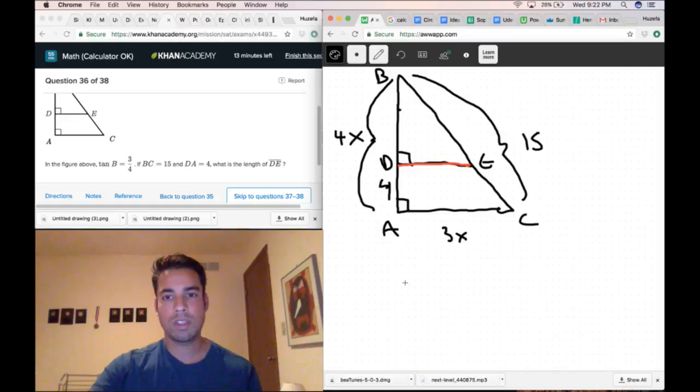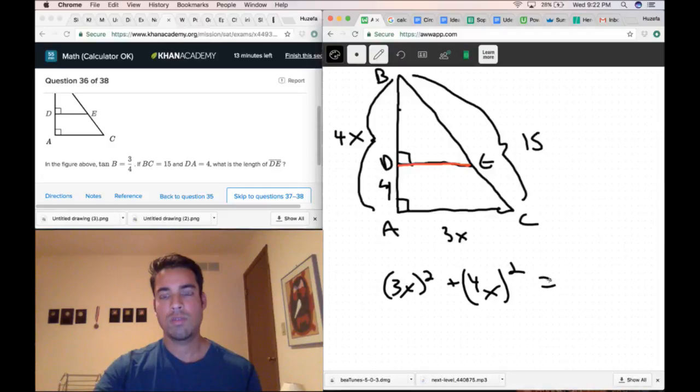This is a little tricky. Let me see. I'm trying some different things out to figure out what x is. So 3x squared plus 4x squared equals 15 squared, which is 225. So this is 9x squared plus 16x squared, which is 25x squared equals 225.